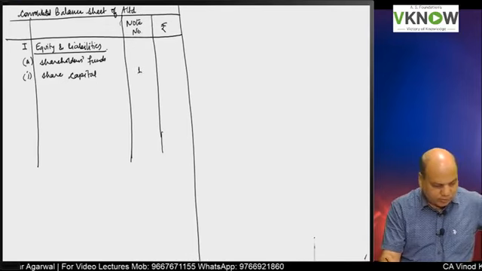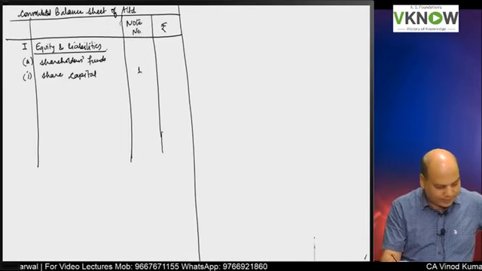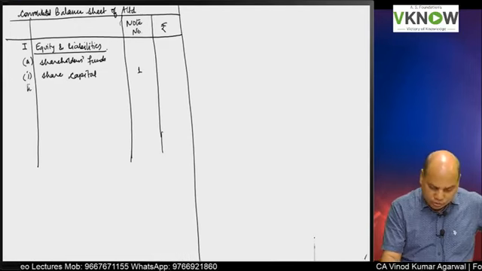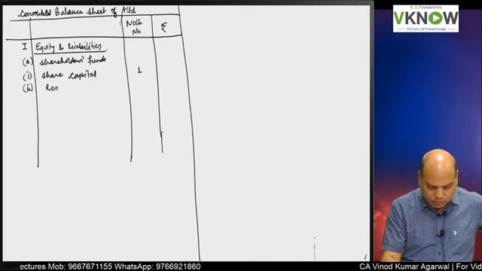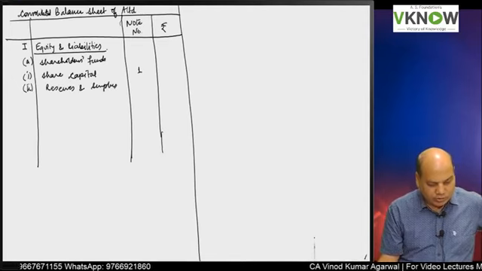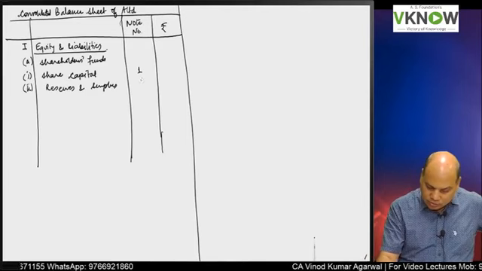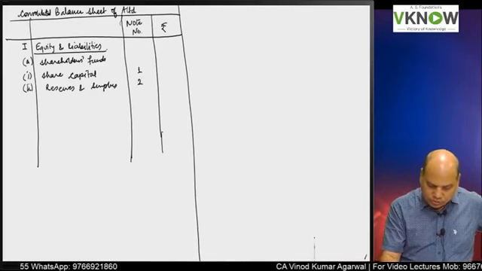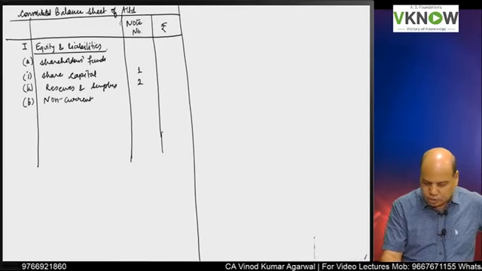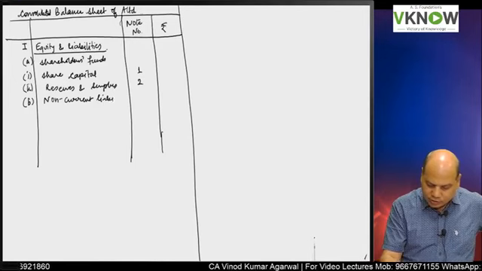Note number 1. Then you write down point number 2, reserves and surplus. Note number 2. Point number B, write down non-current liabilities. Question in front of you.